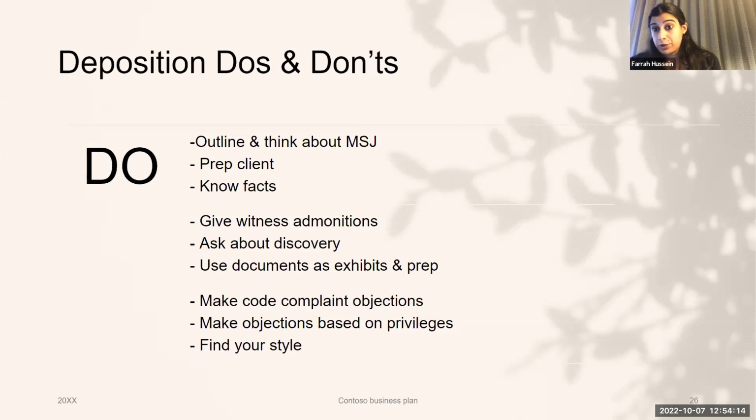Making code compliant objections. There aren't very many. There's a very short list of code compliant objections and ones that aren't, and we'll talk a little bit about that. And then obviously, just finding your style. You're going to want to do what feels comfortable, and practice.